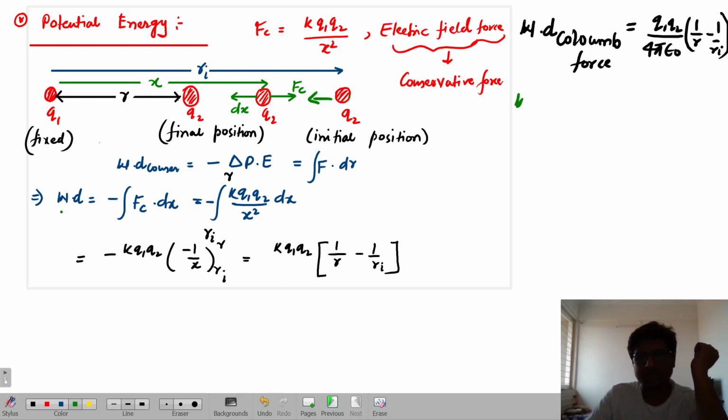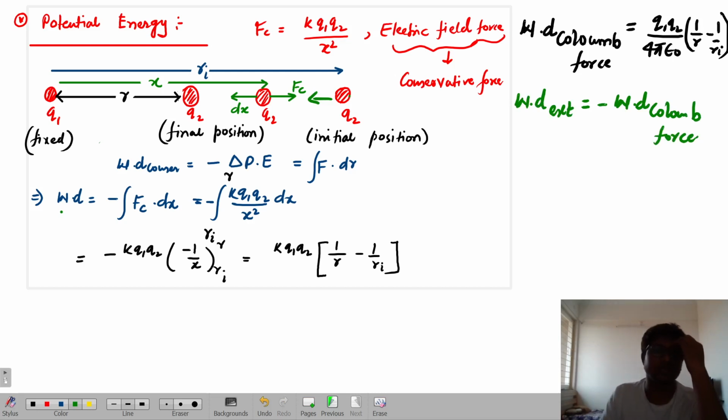So work done by external force is actually the negative of work done by Coulomb force, and that's what we are relating. What is the work done to bring the charge q2 from r initial to r final r, isn't it? So basically that will be the work done by the external force.